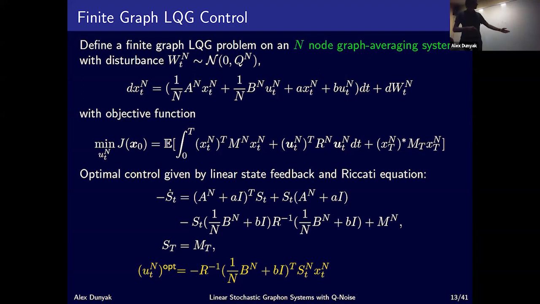We have our standard linear quadratic objective function, being the expectation of this quadratic integral. Then you can find the optimal control by using the linear state feedback and the solution of the Riccati equation. This is very classical control theory in finite dimensions, so there's nothing surprising about this result.